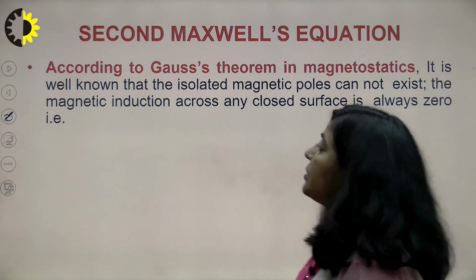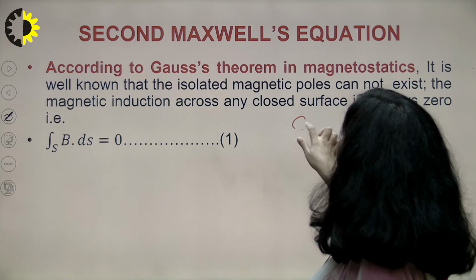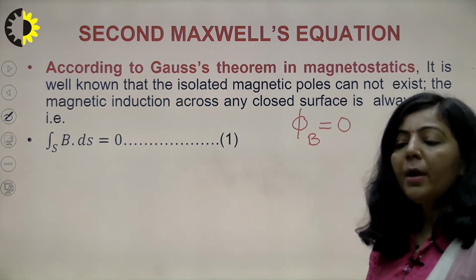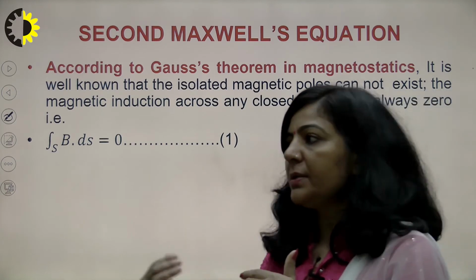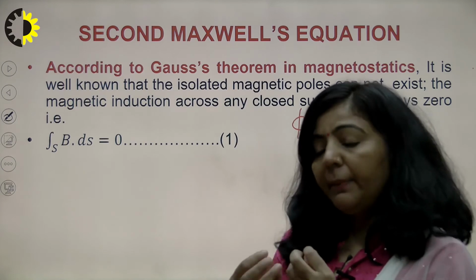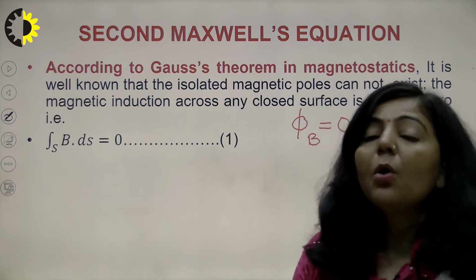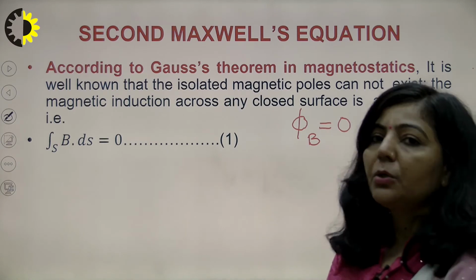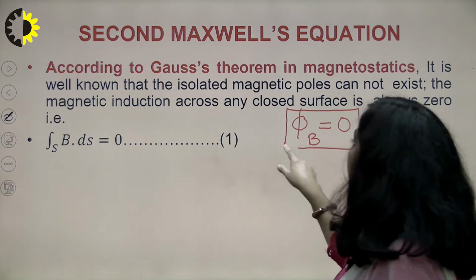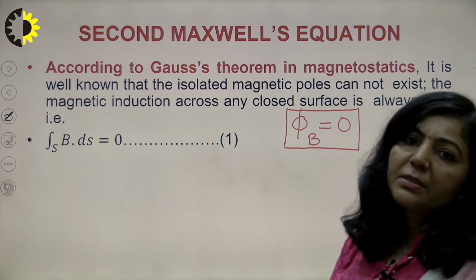The meaning of this is that if you have a closed surface, then the magnetic flux lines entering that particular surface will be exactly equal to the number of lines leaving that surface. So total magnetic flux over a closed surface is always 0. And whenever you want to represent this magnetic flux in integral form, you can write it as the surface integral of B.